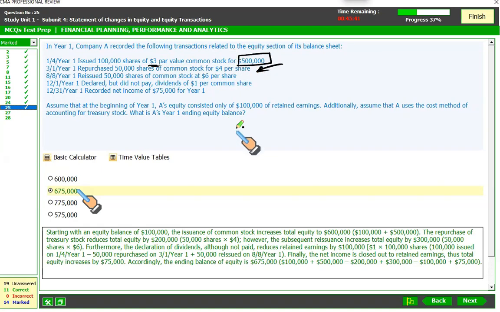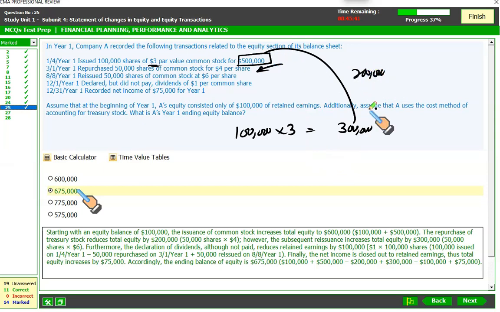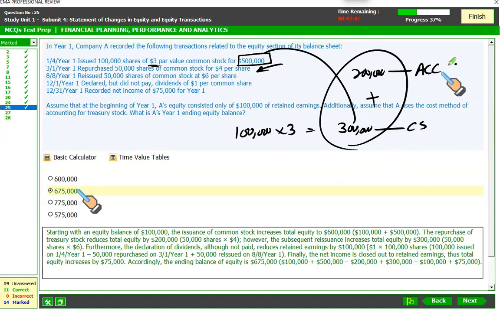You sold 100,000 shares which had a par of 3, so you should have got $300,000. But you got $500,000, which means the extra amount of $200,000 represents the share premium or additional capital. So collectively, the total amount you received is 500, and that is what we are considering in the statement of change in equity. So this is the par, and this is the additional contributed capital.